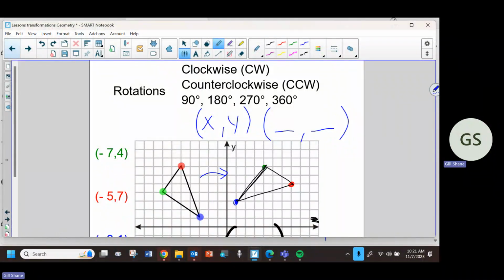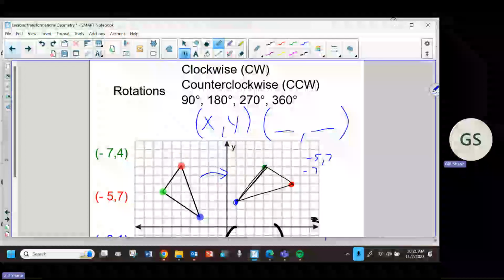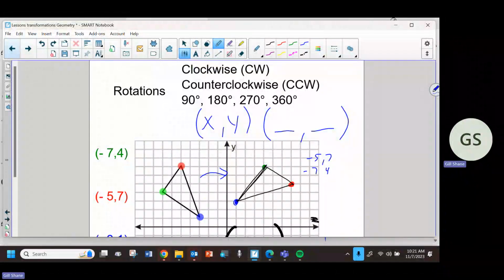All you do is you write down all the ordered pairs. So just write down the red pair. It is -5, 7, -7, 4, and -3, 1, right? Now write the new pairs down.